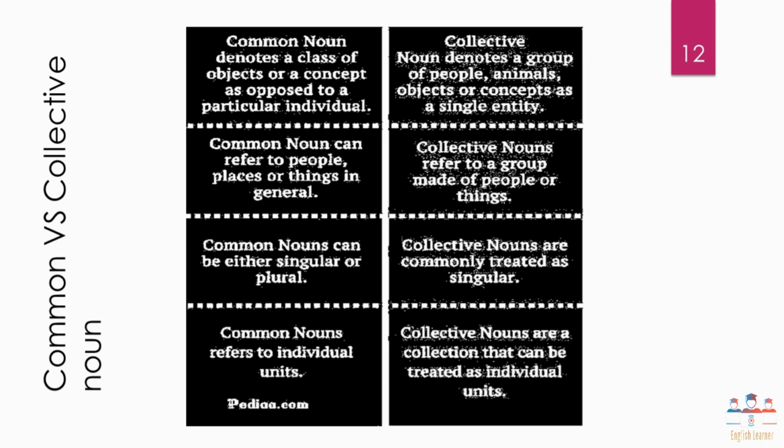Whenever we write a collective noun, we may treat it as a singular noun. Number 4: common nouns refer to individual units, whereas collective nouns are a collection that can be treated as individual units. So these are the differences between common and collective nouns. I hope you have got it properly.